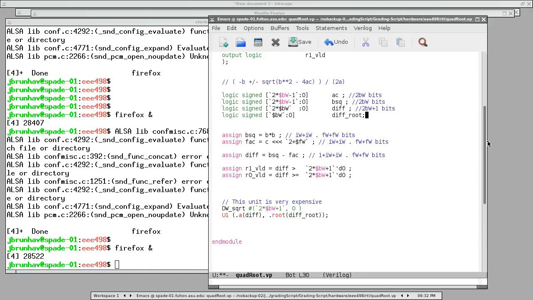And so this would be BW plus 1 bits. If this is 2 times BW, that's 2 BW plus 1 bits. And so to make sure that this constant is the same bit length, it would be 2 times BW plus 1, as opposed to the other form.